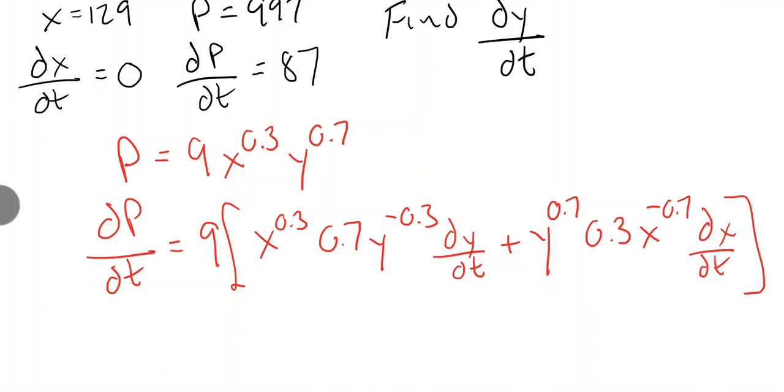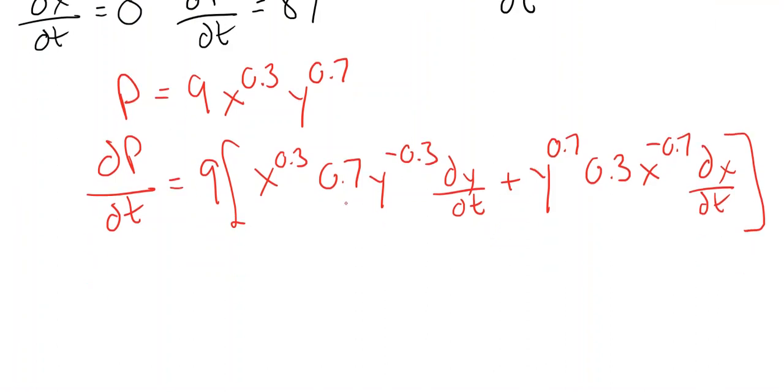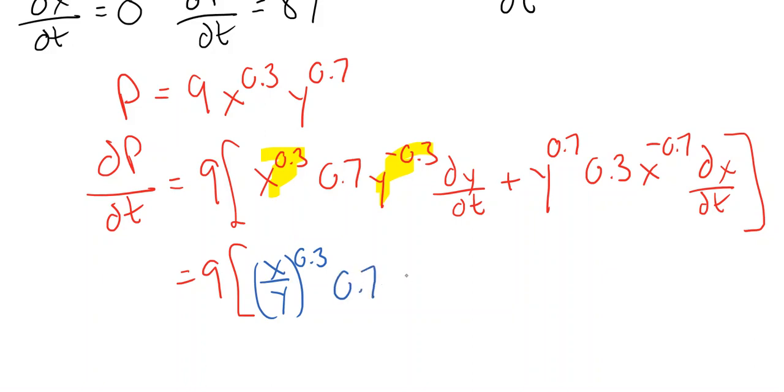Let's clean that up a little bit. We have the 9, and I can combine terms: x over y, all raised to the 0.3 power, times 0.7 dy/dt.